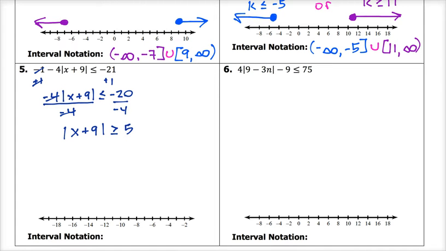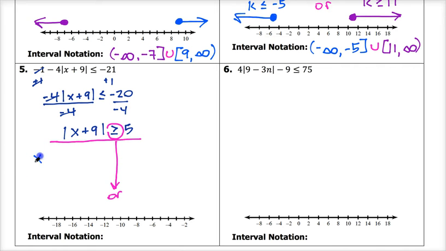Okay, this is why it's really important to look at the step where your absolute value is isolated when you figure out what kind of compound inequality it is, because notice that I switched from my original problem, a less than or equal to, to a greater than or equal to in this step. So this means that in my answer, this is going to be an or inequality.